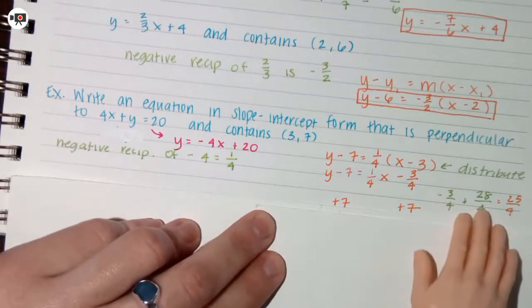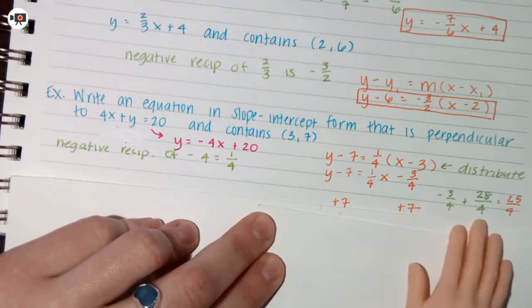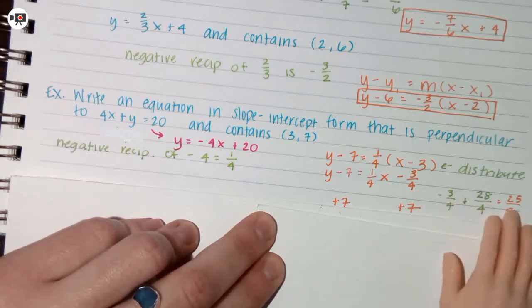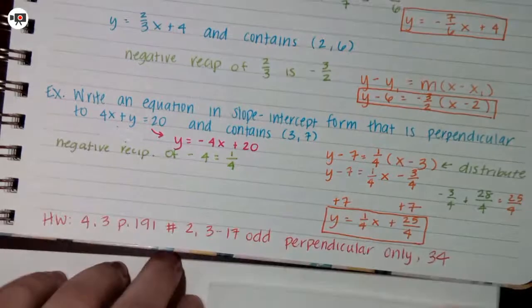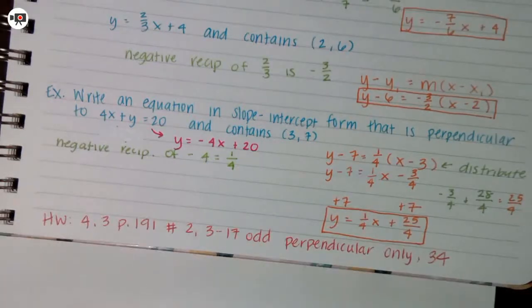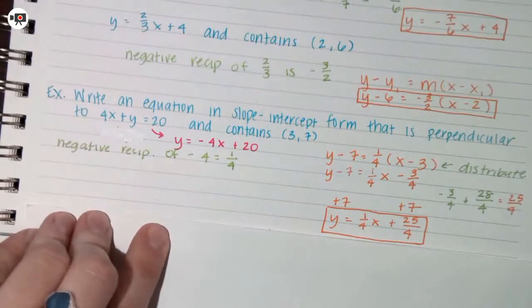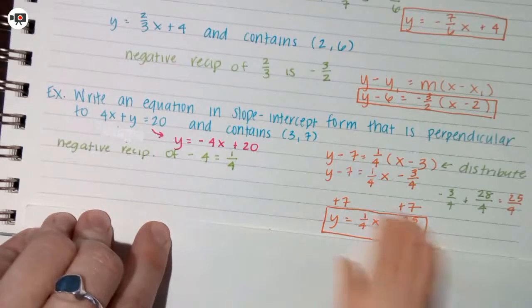And 7 is equal to 28/4. I have to have common denominators to add fractions. So -3 plus 28 is 25/4. So my answer is y equals 1/4 x plus 25/4. And this is slope-intercept form. So this is my answer.